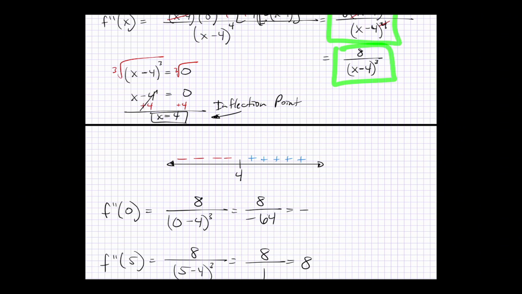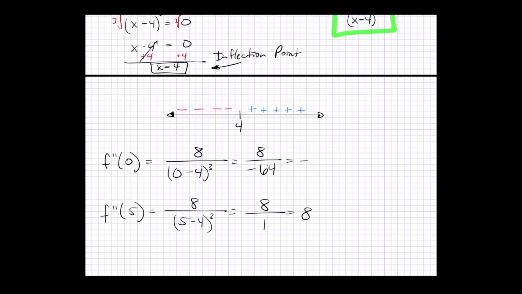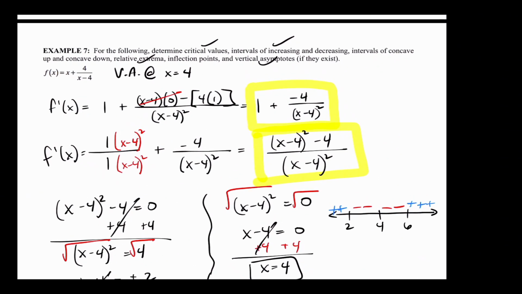Now I just have to sum it all up. Where is it increasing? Where is it decreasing? Where is a critical value? Where is a maximum? Where is a minimum? Where is concave up? Where is concave down? Where are the inflection points? So I have to sum those all up. Okay. So I'll write it down right here. So let's start with the first thing. The first thing was critical values.